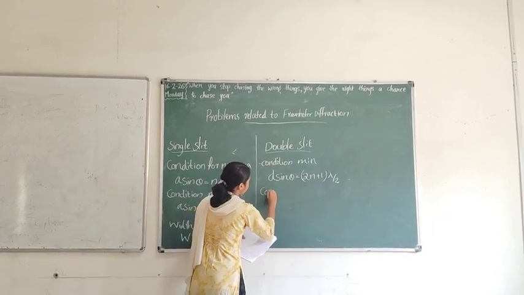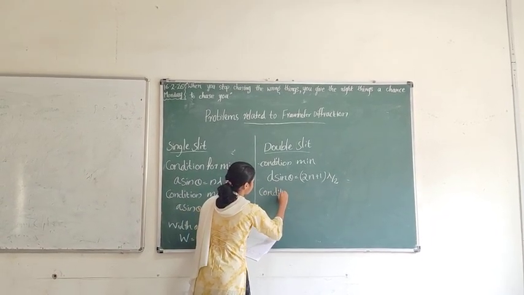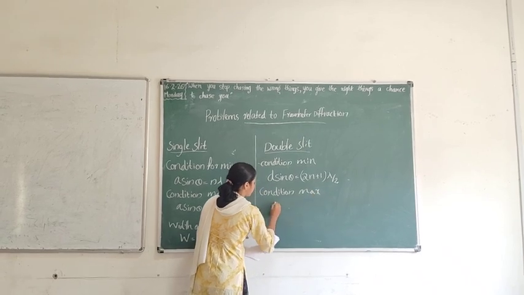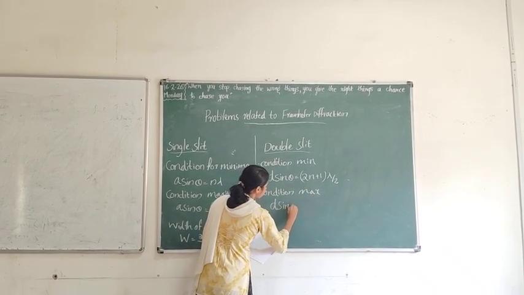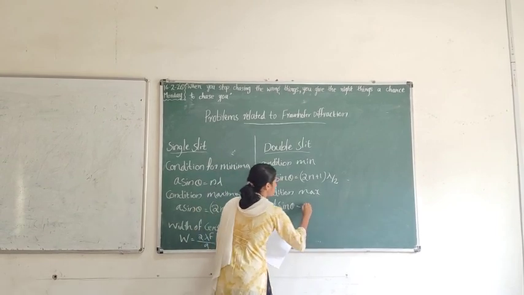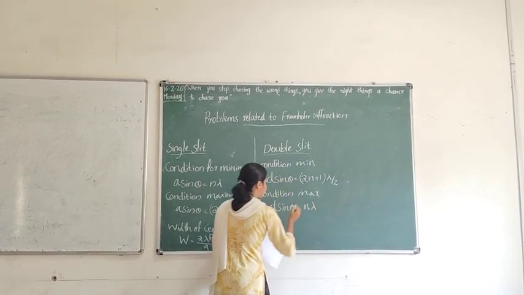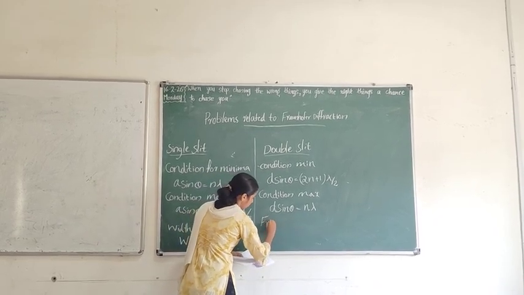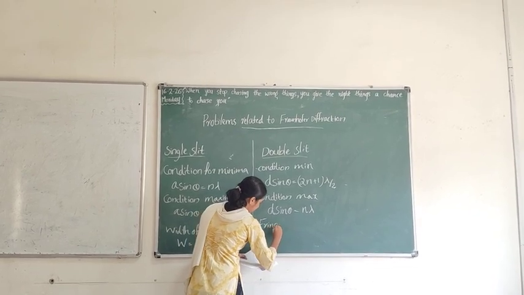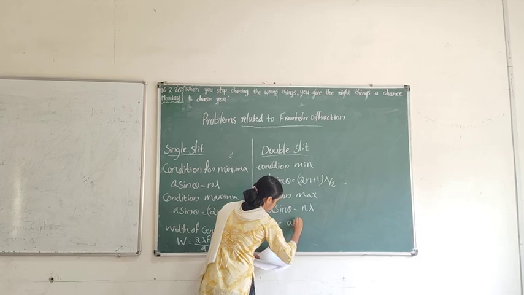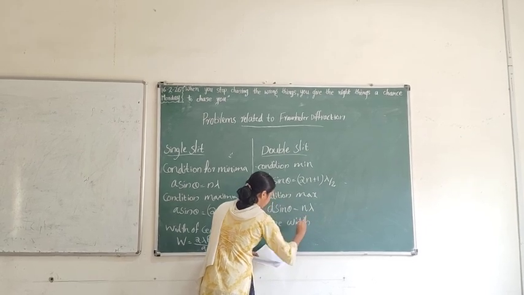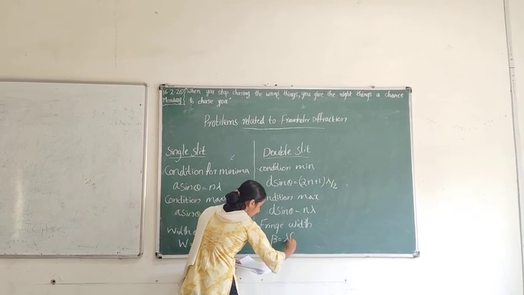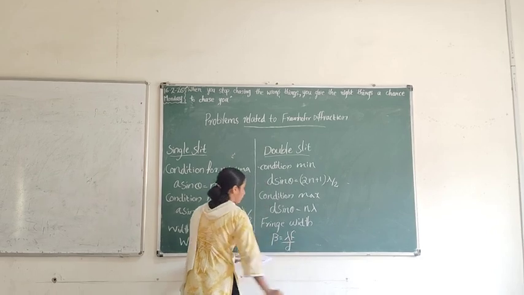Then condition for maxima, D sin theta is equal to n lambda. The next equation is for fringe width. That is beta is equal to lambda f by d.